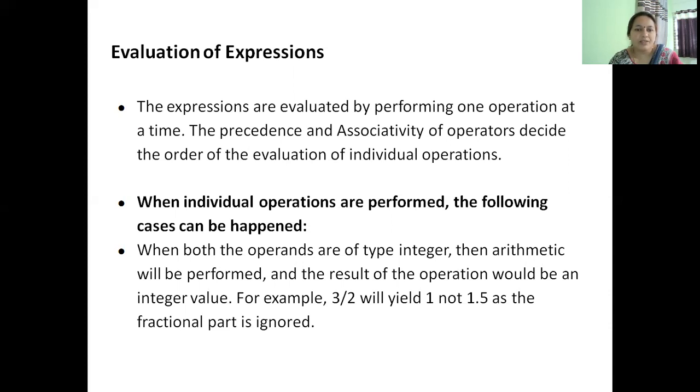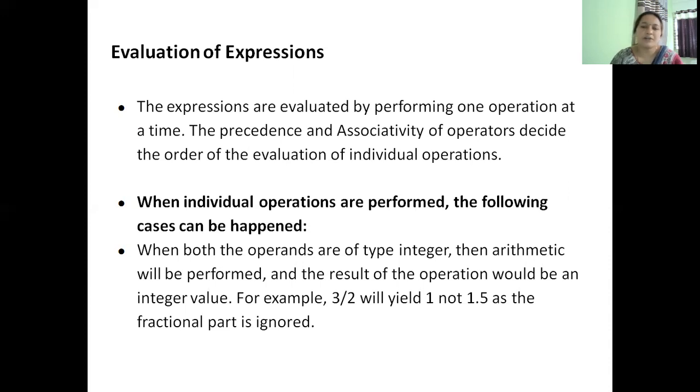Some typical cases which happen during the expression evaluation are when both the operands of an expression are of type integer, then integer arithmetic will be performed and result of the operation will be of integer data type. For example, 3/2, that is 3 divided by 2 will yield 1 and it doesn't yield 1.5 because both 3 and 2 are integers and its result is also an integer.